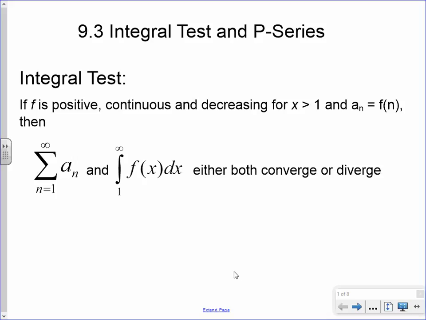If it was increasing, that means it has to be divergent. Sorry, I have to think about it.